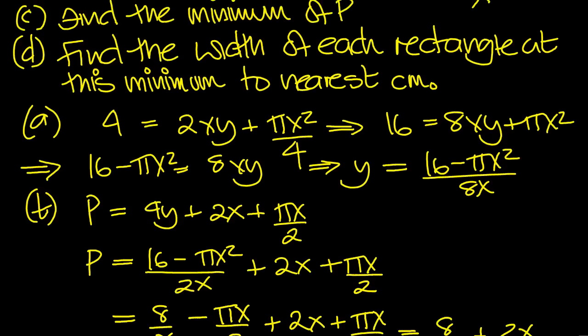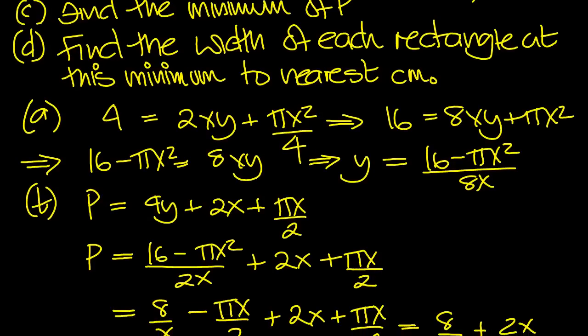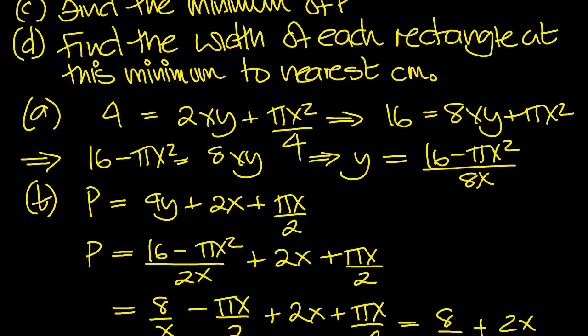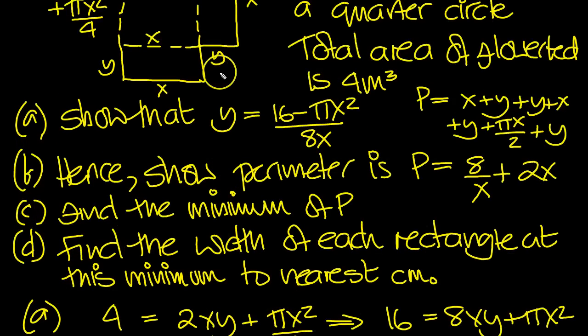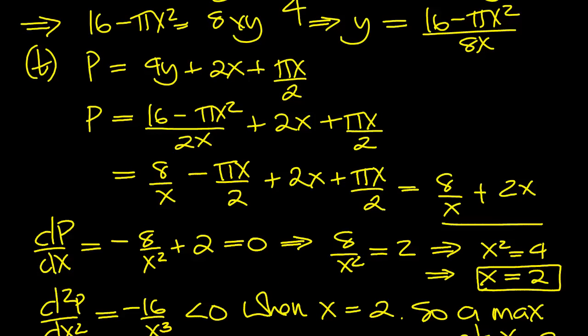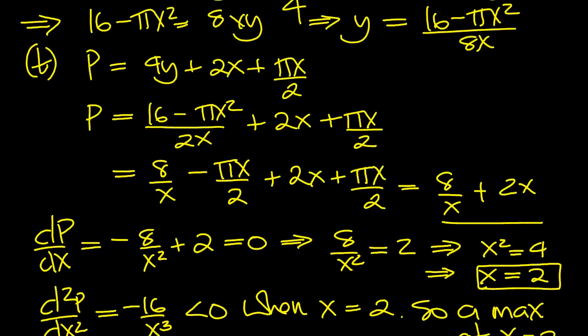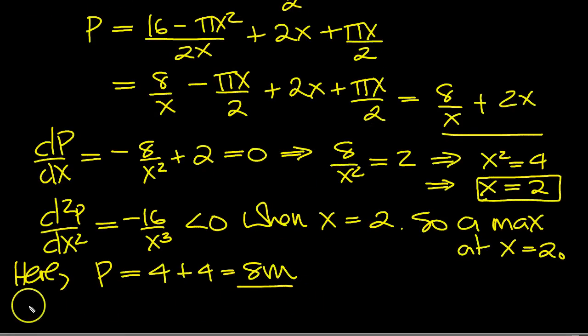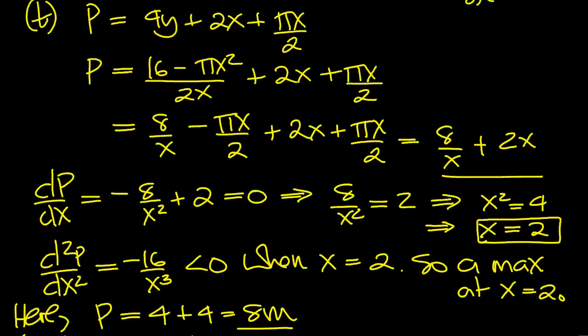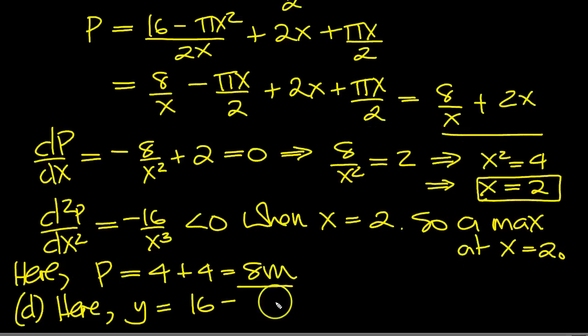Now what's the last part of the problem? Find the width of each rectangle at this minimum. We can see the width is the distance y. We know that y is equal to 16 minus pi x squared over 8x.